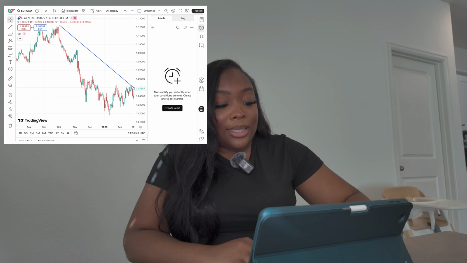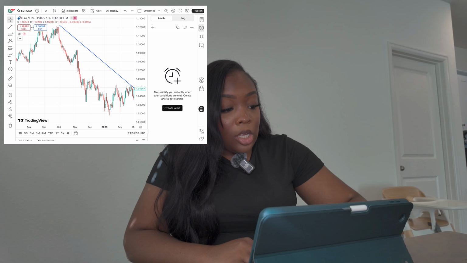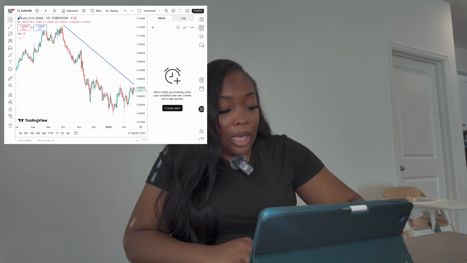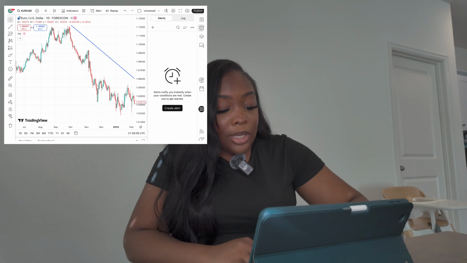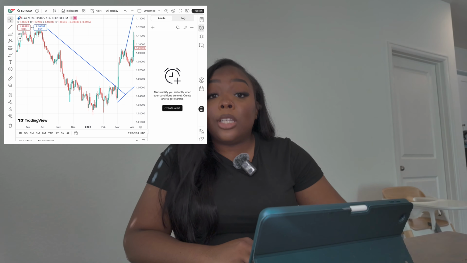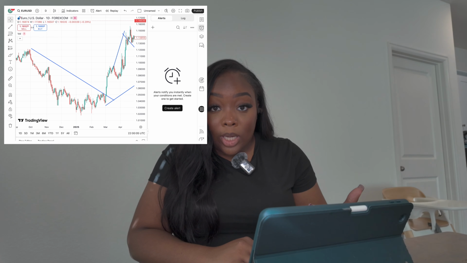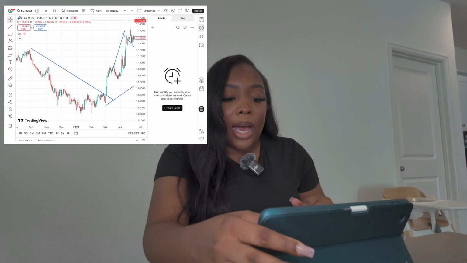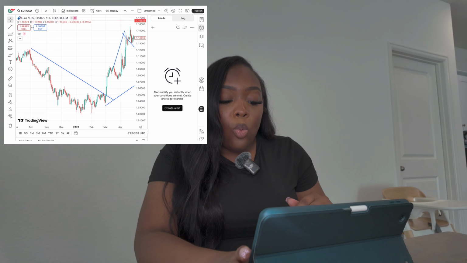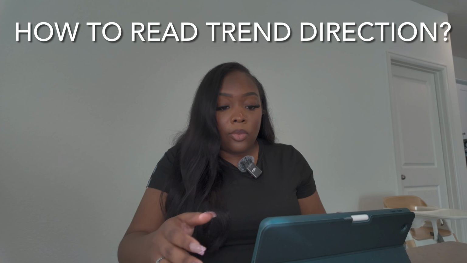It keeps going down and up, down and up. That is your downtrend. This is what it would look like for a sale opportunity. I just wanted to show you what it looks like when you are going for a bull market versus a bear market. So how do you identify the trend?